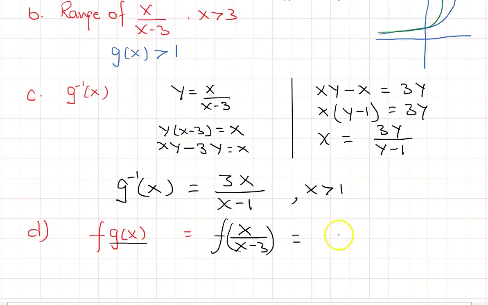Now the f(x) is e to the power minus 2x. Everything will remain there, e to the power minus 2. Where x comes, it will become x over x minus 3.